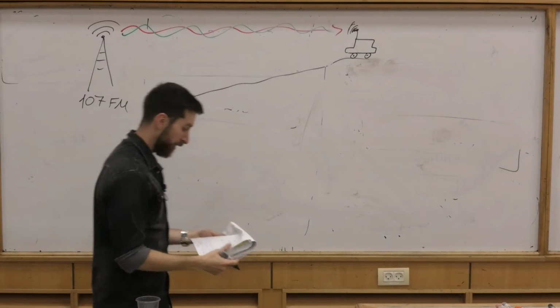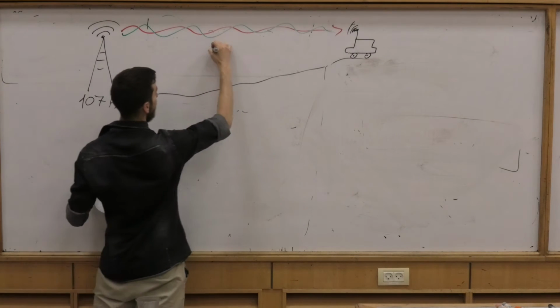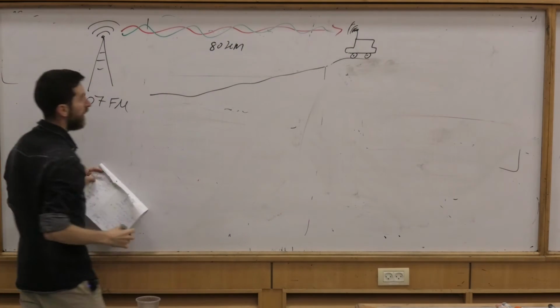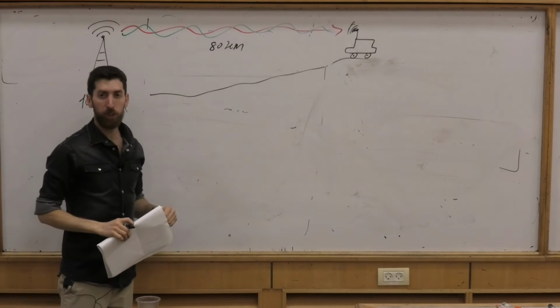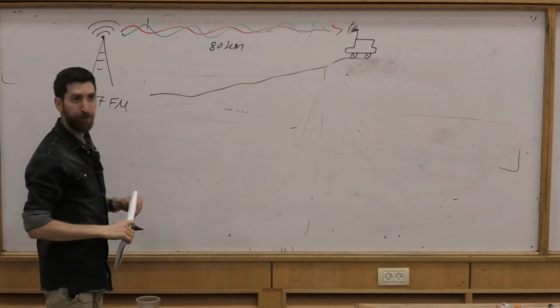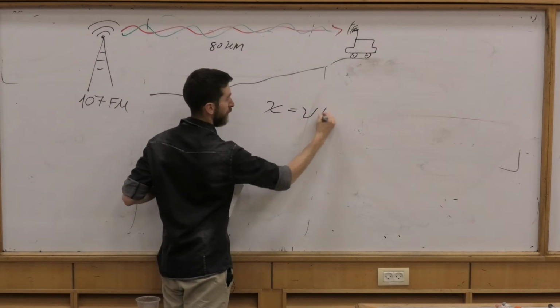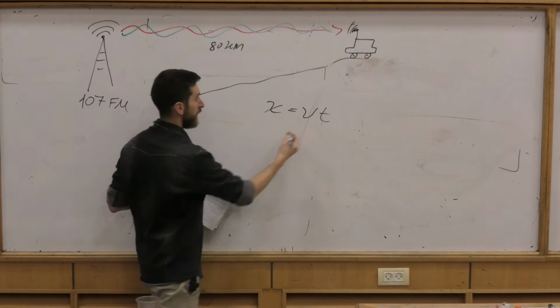You want to grab this and play the music, right? That's the idea. So I want to ask you, if this is 80 kilometers, how long would it take for the radio wave to get from here to there? 80 over t? Yes, x equals vt.